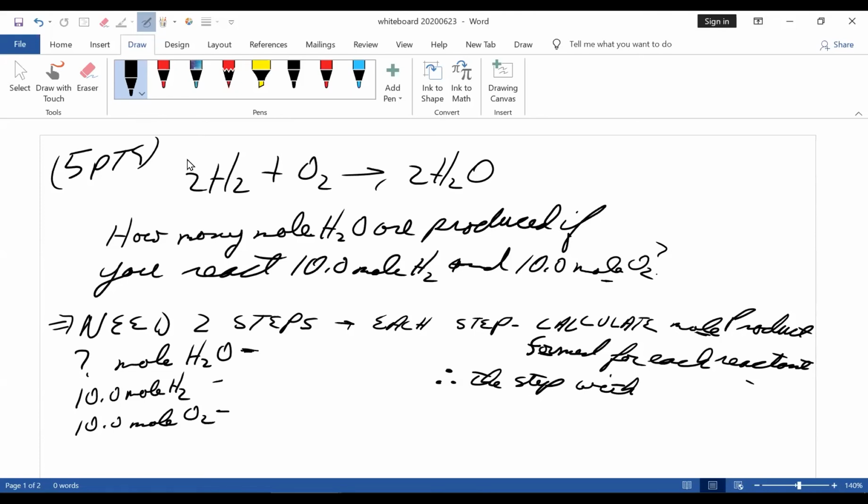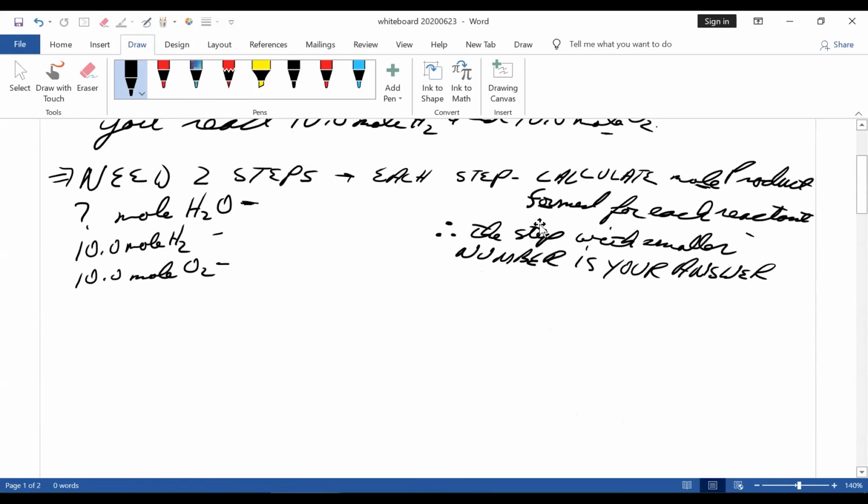The smaller number of these 2 steps is your answer, because that's the one that runs out first.